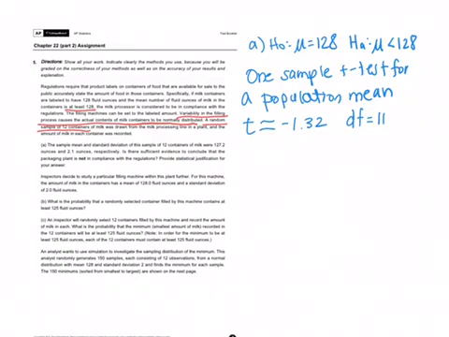So 12 minus 1 would give you that 11. You could use your calculator here to do the work for you to then create for you your p-value that you need. So the test on your calculator should have given you a p-value of approximately 0.11.